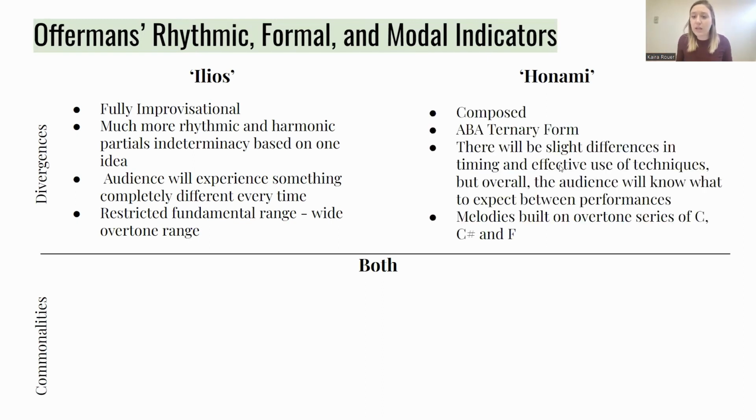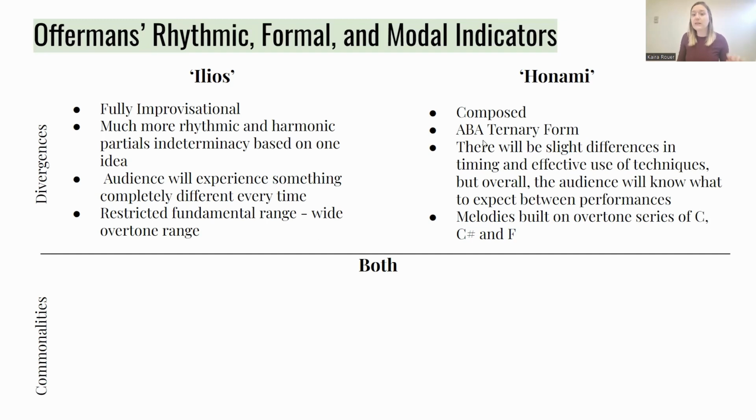In Honami, we are fully composed. It's ABA ternary form. I think that, did I say Ilios is through composed? Every once in a while, some aesthetic things come back, but it's hard to call them motives. The intro itself is fully through composed.